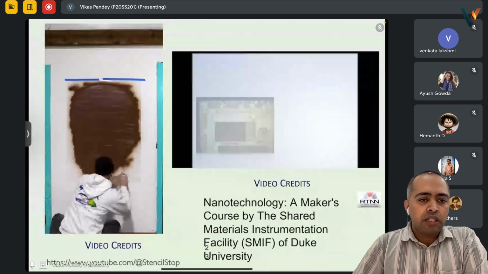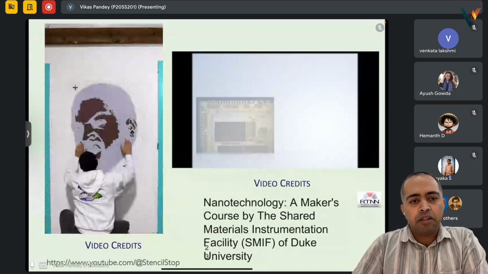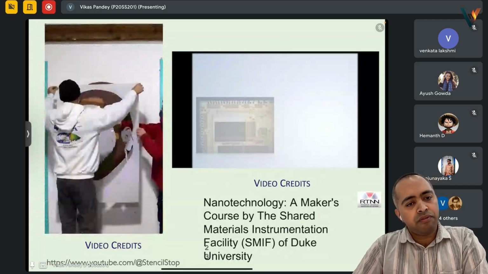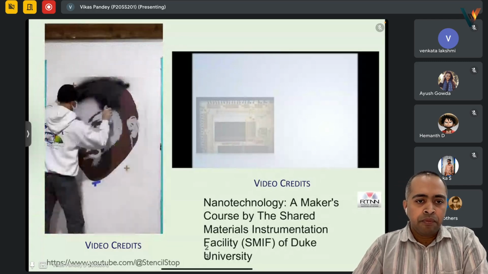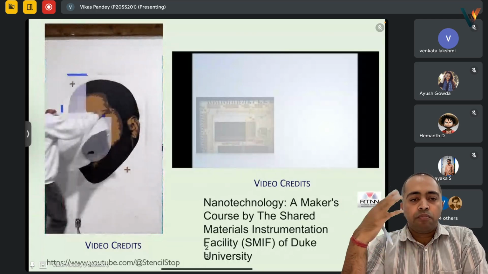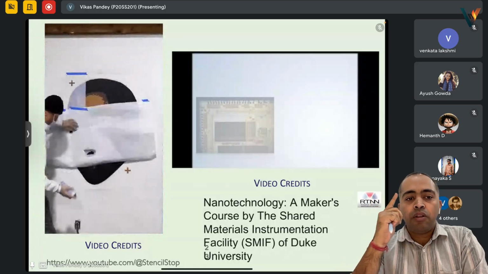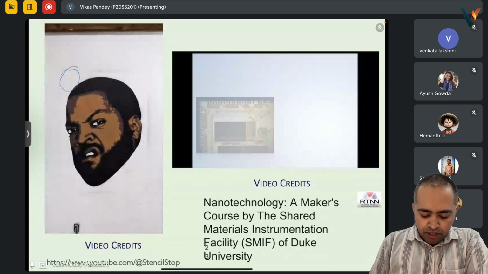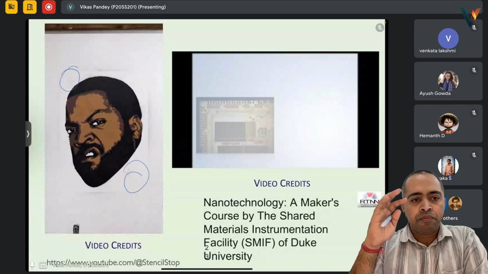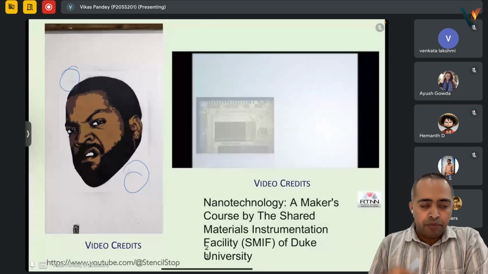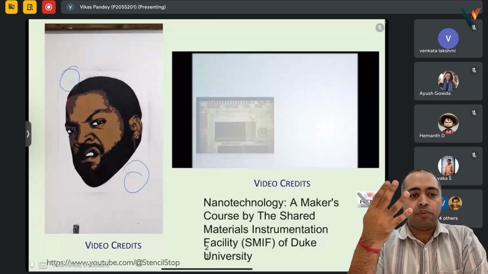If you see this video, you see a painter is trying to paint different patterns, one above another, and he is using different layers to pattern this. In all these layers, there is one common thing. On the top and bottom, he is using some cross marks to match one pattern above another.